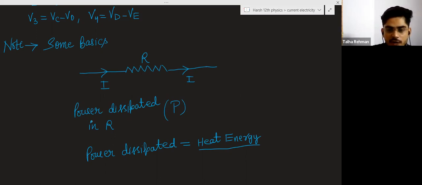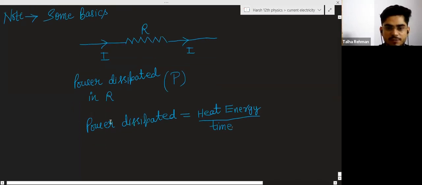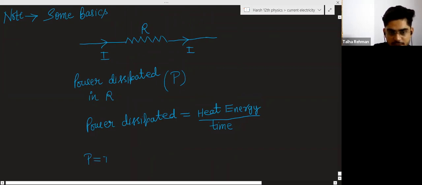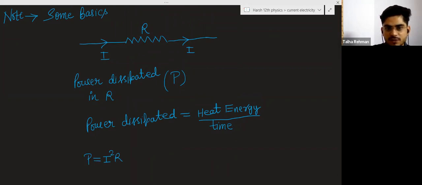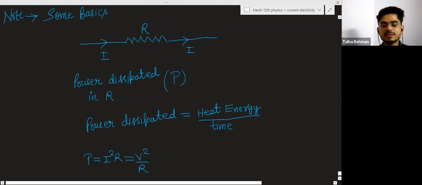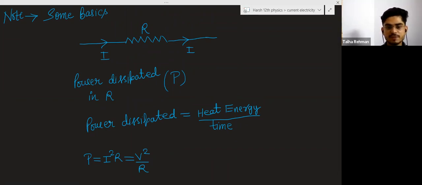And that heat energy per unit time is the power, and the formula for calculating the power loss or power dissipated is the square of current times resistance, I squared R. If you want to calculate the power lost through this resistance, you will use this formula, or we have one more formula, V squared by R, the square of the potential difference across this resistance divided by the resistance.